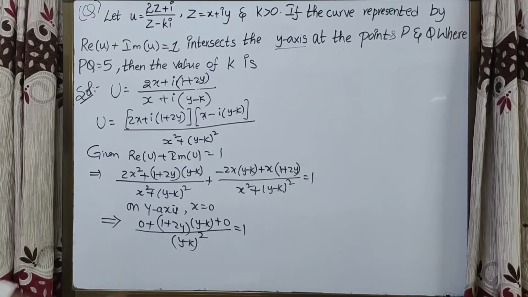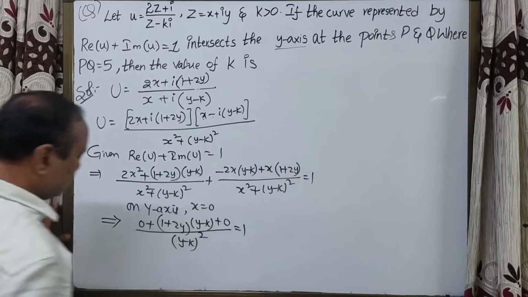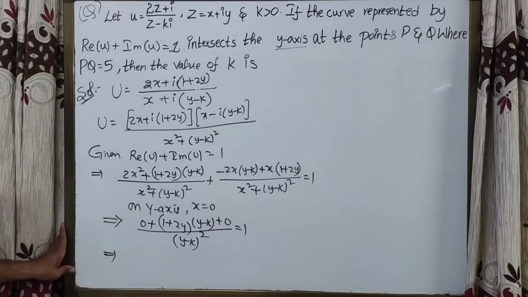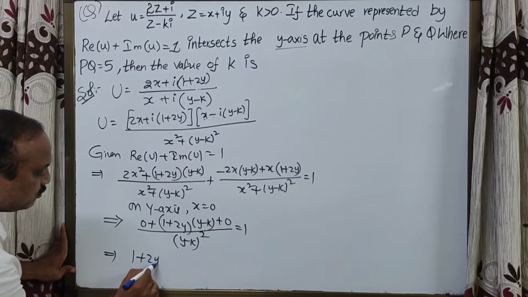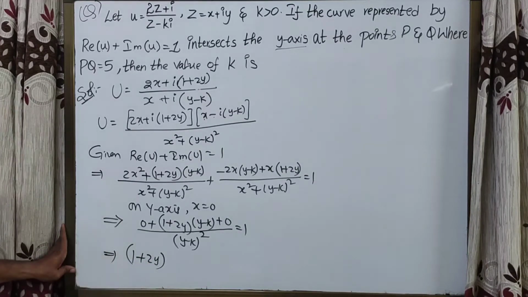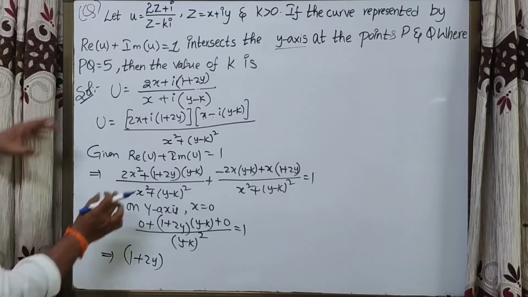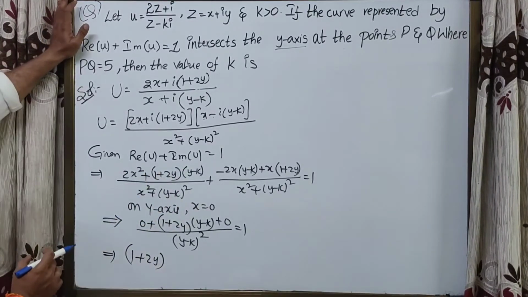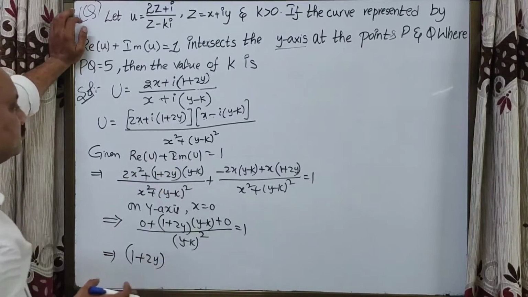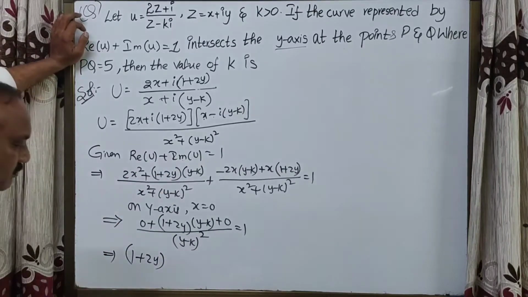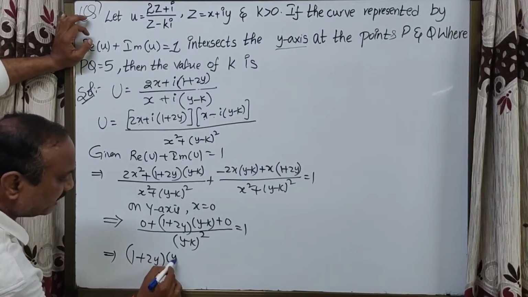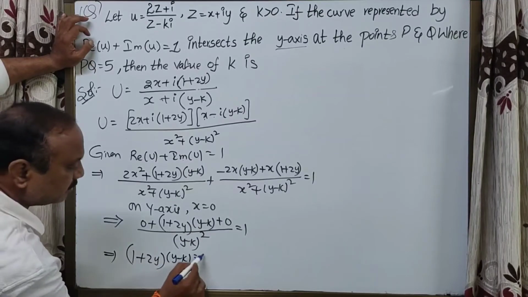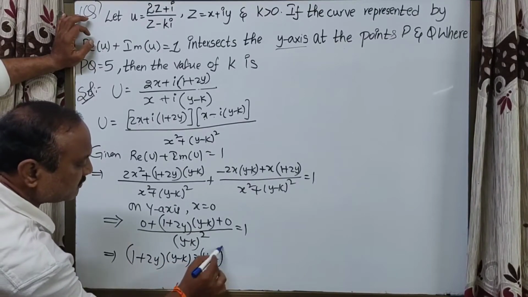Dear students, cross multiply, we get (1 + 2y), x terms becomes 0, into (y − k) equal to (y − k) whole square.